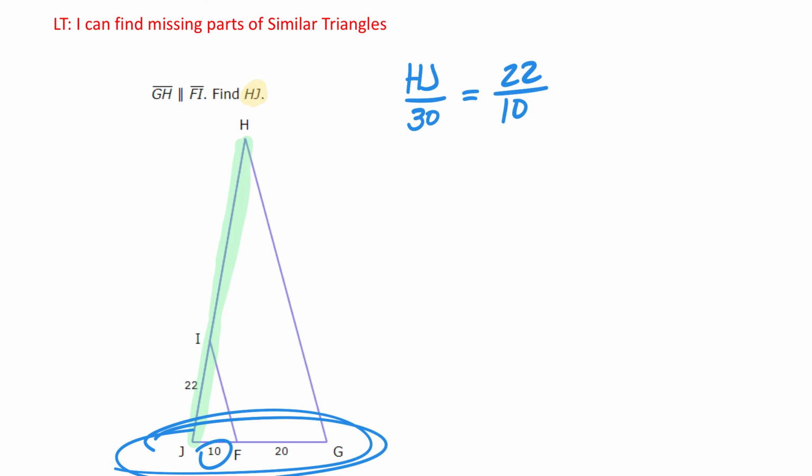The only way you're going to mess this up is if you start putting parts that do not correlate together. So make sure you take your time and see that you are doing what you're hoping to do on these. So we multiply this side times 10, it's 10HJ. 22 times 30 gives me 660. We divide both sides by 10, and we should get 66.